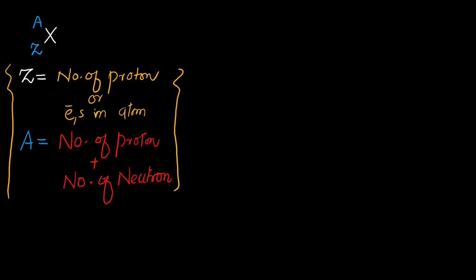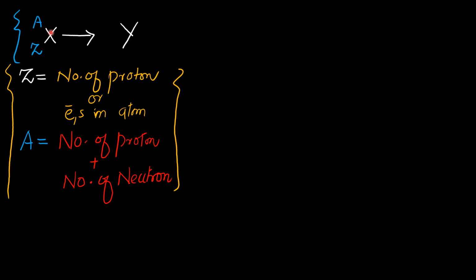So suppose this is an element and we want to do the beta decay of this element. This element needs to be unstable, and it will be converted into a new element, suppose represented by Y. Initially X is a parent atom, and the nucleus of this parent atom is unstable because of the extra, or more amount of, neutrons in it.